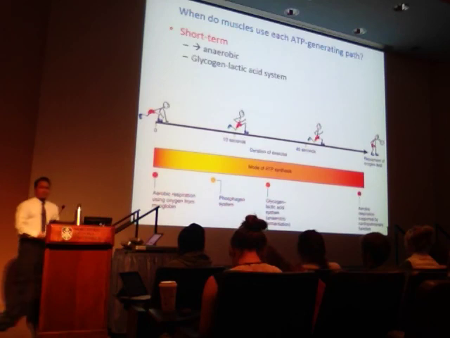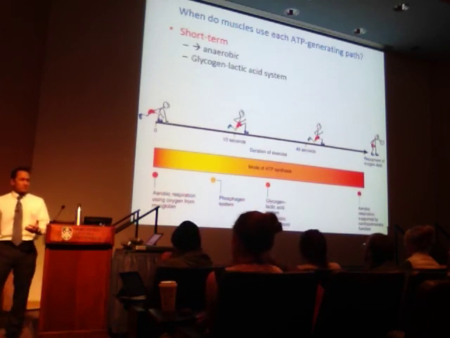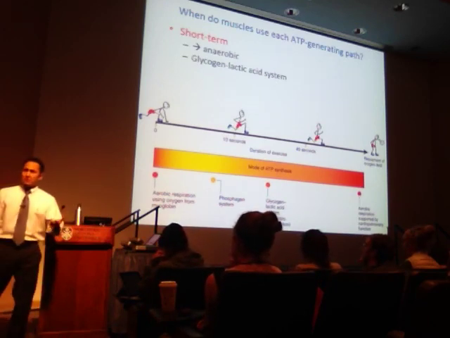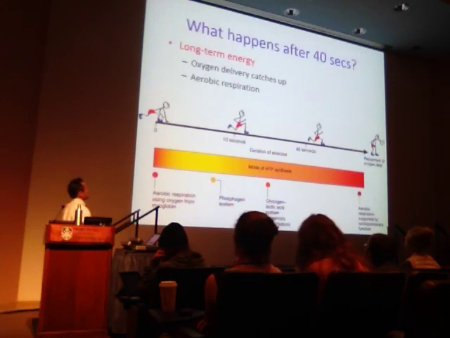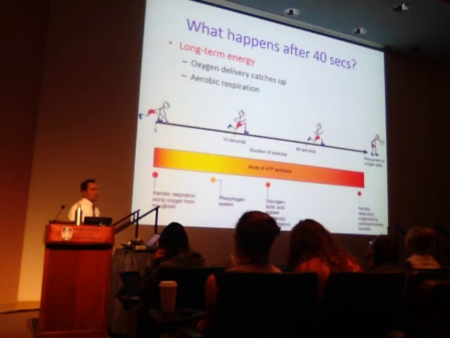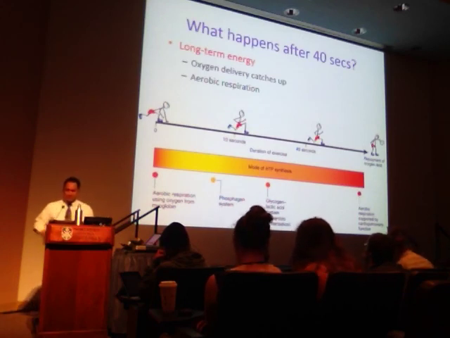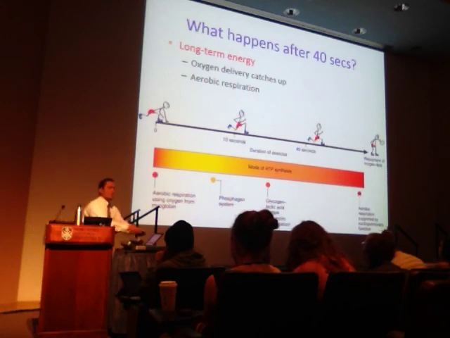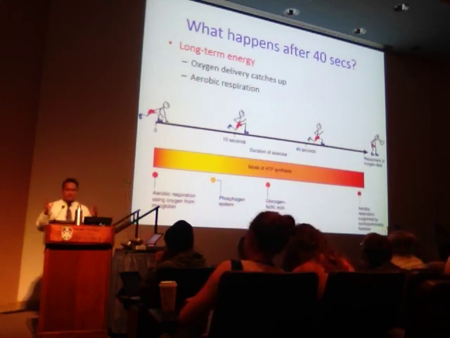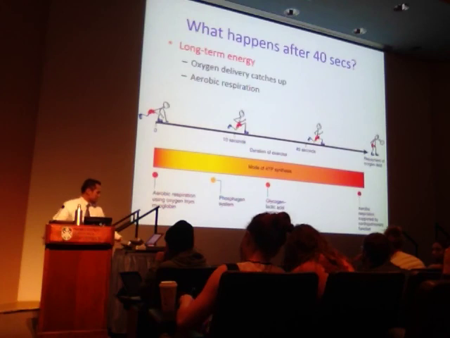That gives us 2 ATP net per glucose molecule. But beyond 40 seconds, we actually need aerobic respiration. That's where it kicks in. So that's where we get our ATP to do these kinds of activities.